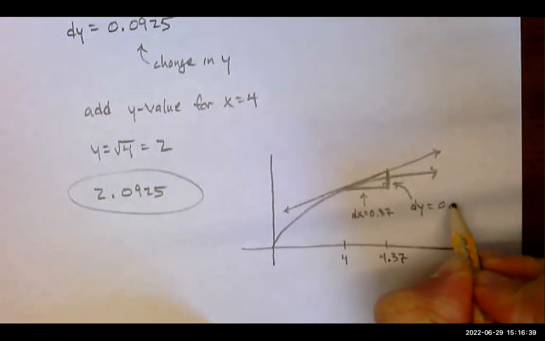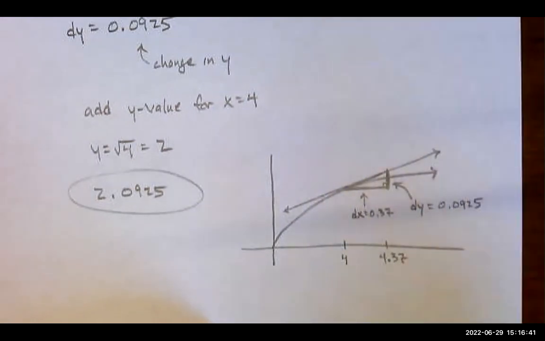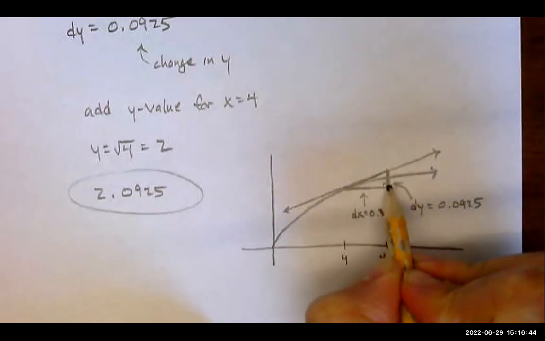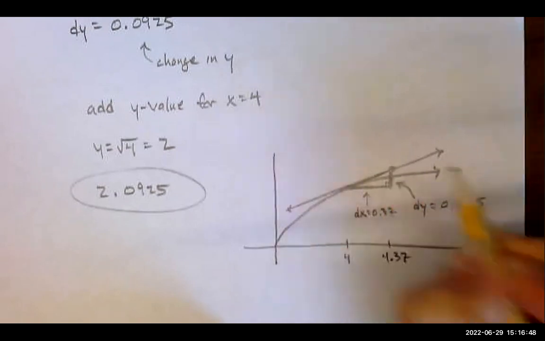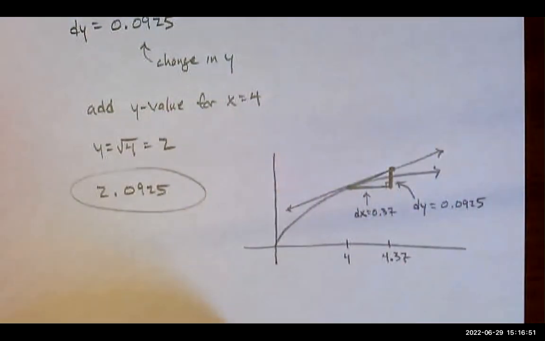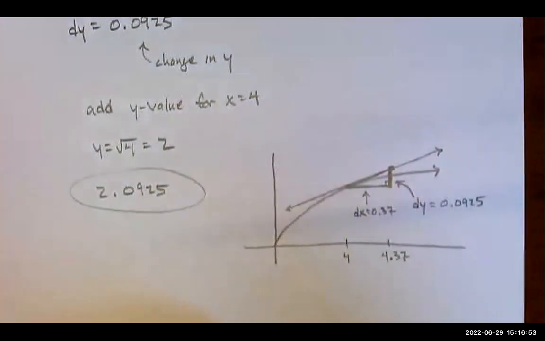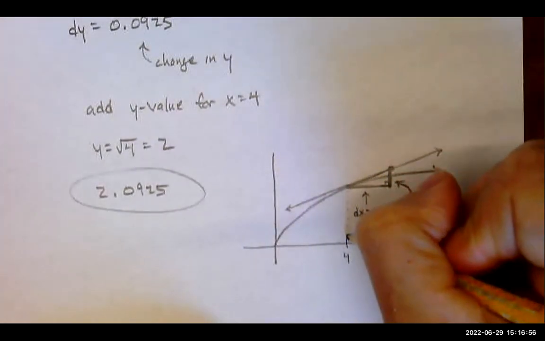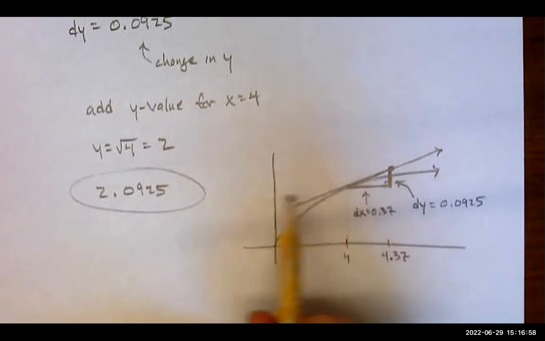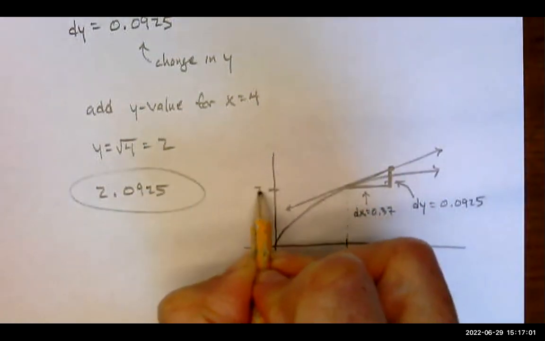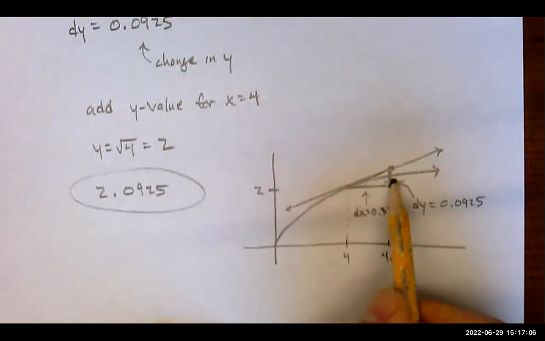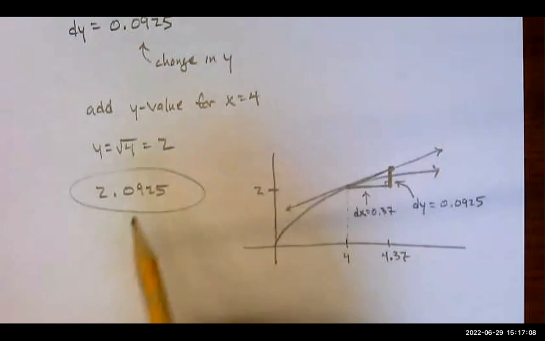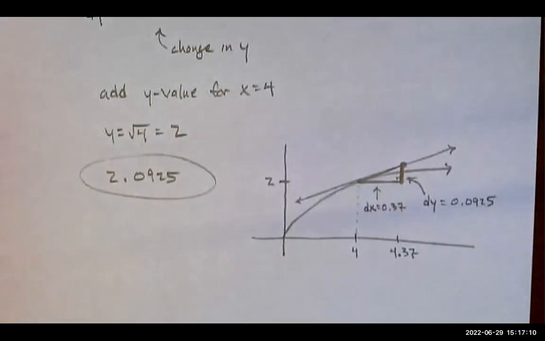We found that to be 0.0925, just this little distance. So if we're trying to find the approximation, the point that's on the tangent line itself, we need to take that little distance and add the y value of the original point, which was 2. So we started at 2, and then we added on that little bit more. Add them up together. There's our approximation, 2.0925.